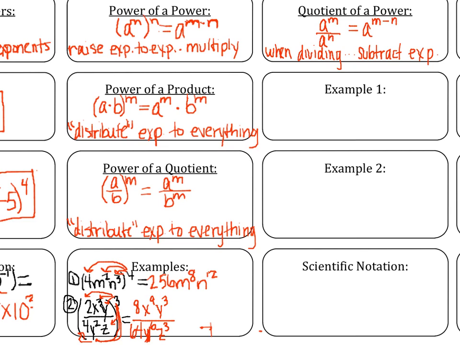So now notice I've got some things that I can reduce still. So if I want to reduce these, which I do, I'm going to reduce my 8 over 64. And 8 goes into both of those, so it reduces to 1 over 8. So I'm going to keep that 1 on the top, and I'm just going to put the 8 in the bottom.